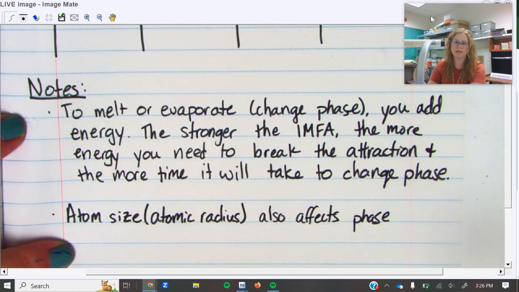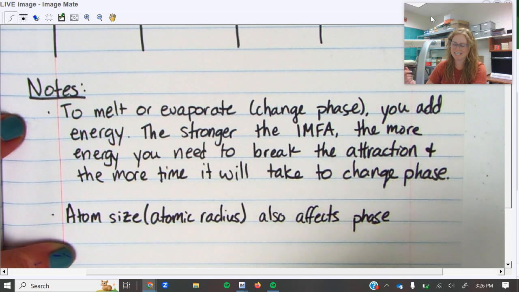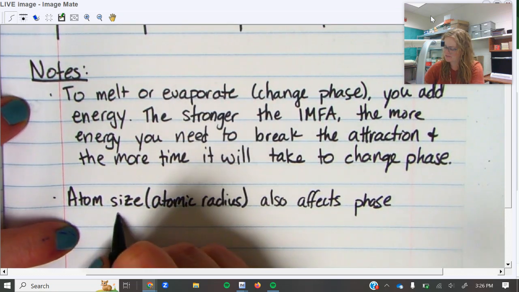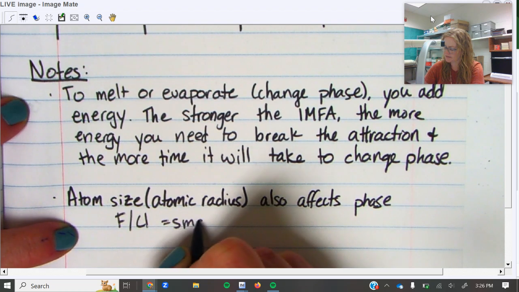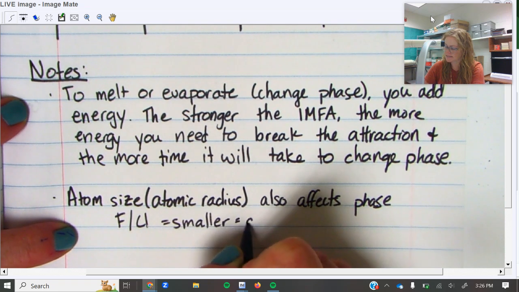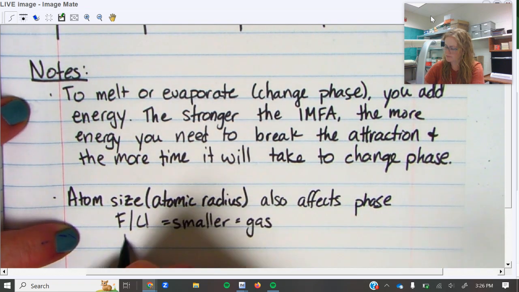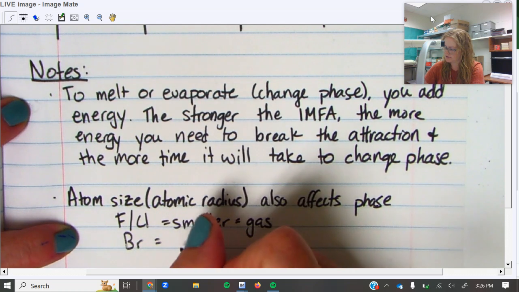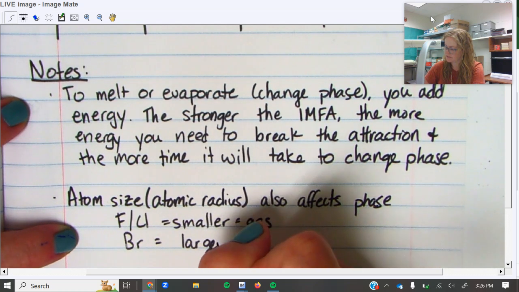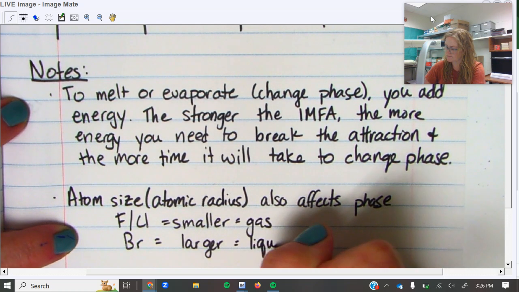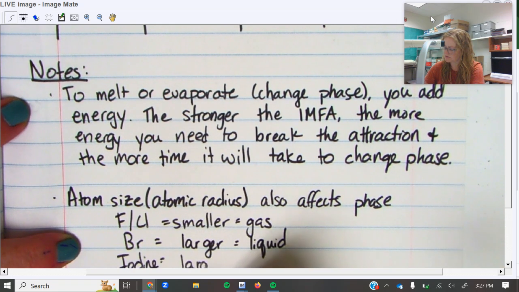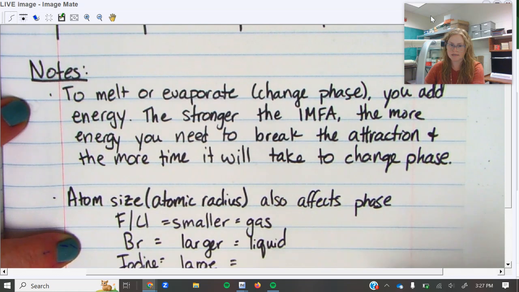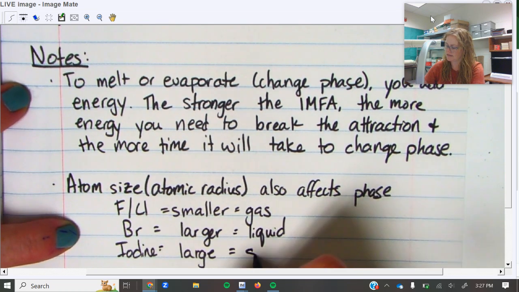So, like if we look at column 7 on the periodic table, fluorine and chlorine are smaller. So they are a gas at room temperature. Bromine is larger. It's a liquid at room temperature. And iodine is the largest of this example set, and it's a solid at room temperature.